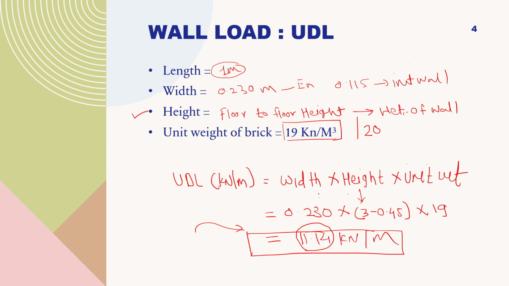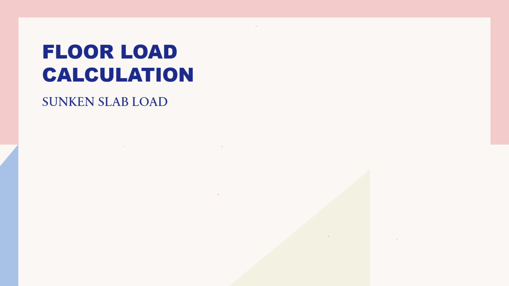Let's move on. Next is floor load calculation. Floor load is generally applied in kilonewton per meter square. Here I am going to give you the sunken slab example. Suppose this is our slab.